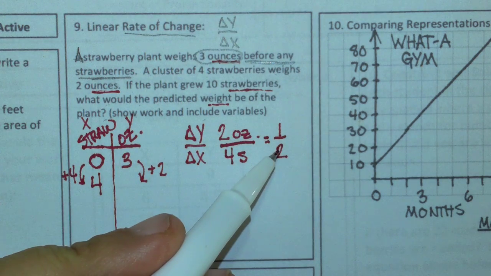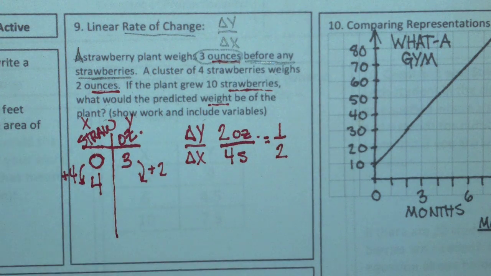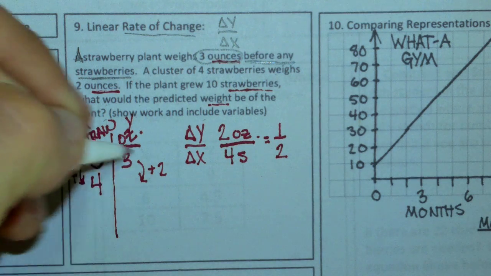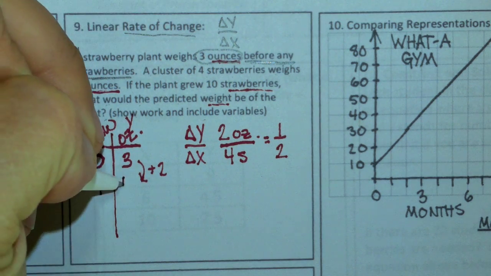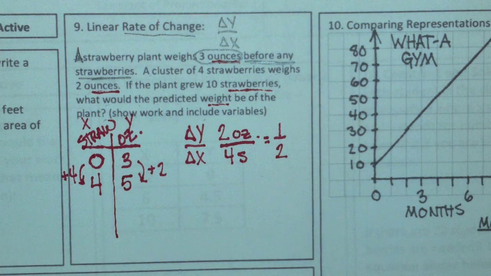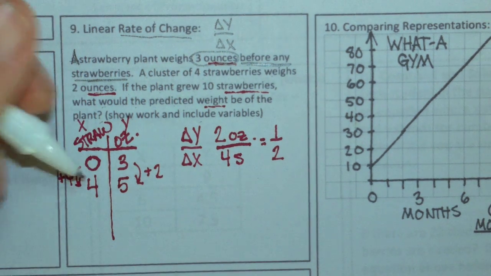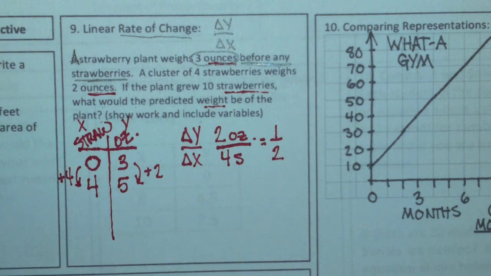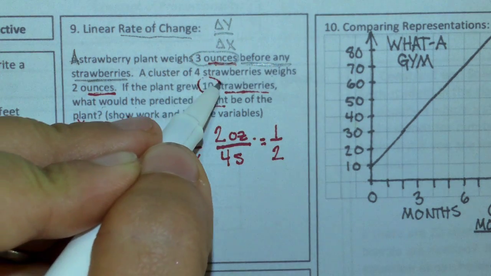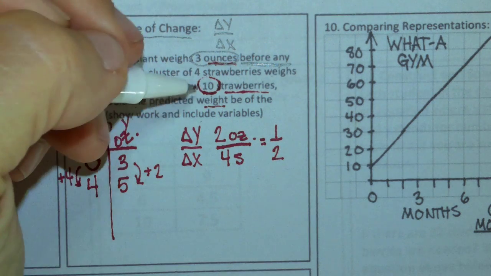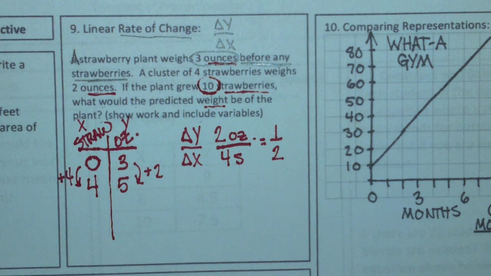So I'm increasing a half of an ounce for every strawberry. But going back to this table, I started with 3, I added 2, got 5 ounces when there's 4 strawberries. We haven't answered our question. If the plant grew 10 strawberries, I want to get down to 10, then how much would it weigh?